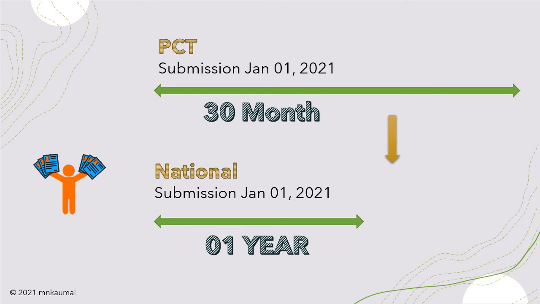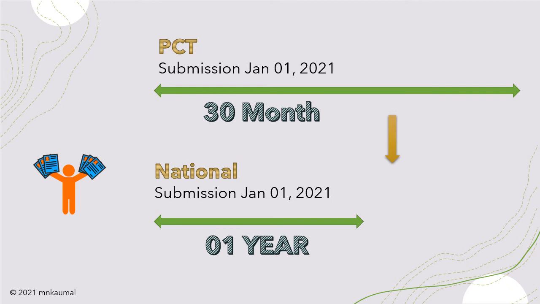From the day you submitted this application, you have only 1 year to submit applications in any other country. For example, if you submit the application on January 1st, 2021, you must submit all the applications before January 1st, 2022.